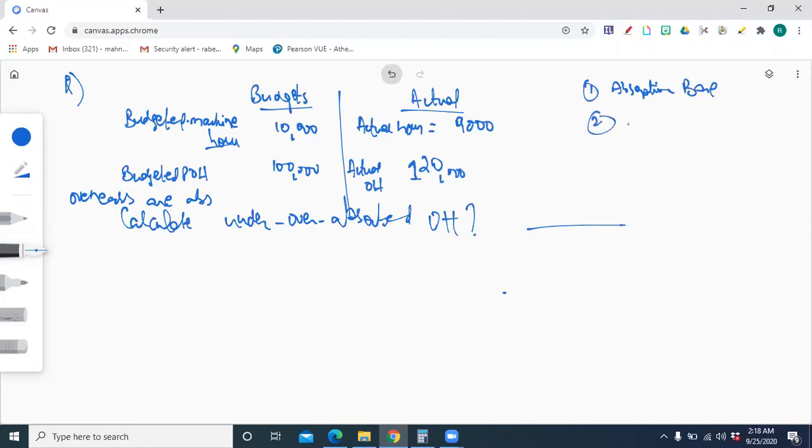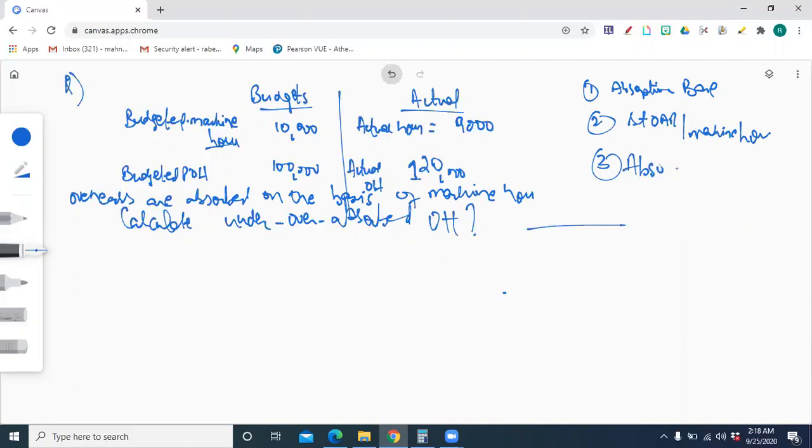Next you calculate the standard OAR on the basis of that very base, here machine hours. In the third place you calculate your absorbed overhead, as per the actual base that the individual product is consuming.